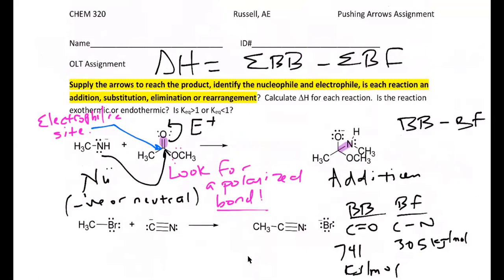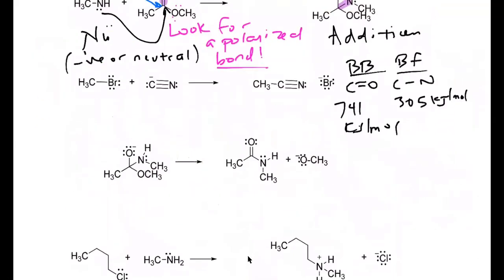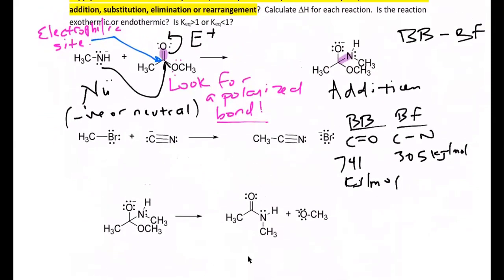If you break two bonds, you sum up those energies. If you break three bonds, you sum up those energies. By the same token, if you make more than one bond, you take the sum of all the bonds that you form. So I just need to stick that into this equation.